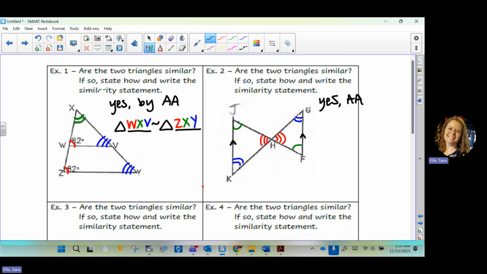But now I need to give the triangle similarity statement. So I actually have to name these. So what do y'all want to name the one on the left? H to J to K. So H is the red one, so I know I have to start the other one with H as well. And then you said J, that's the green one, so the other side has to go to F. And then K corresponds to G. Yep.